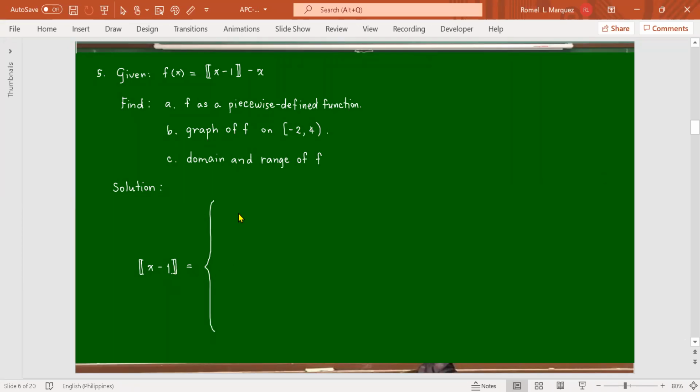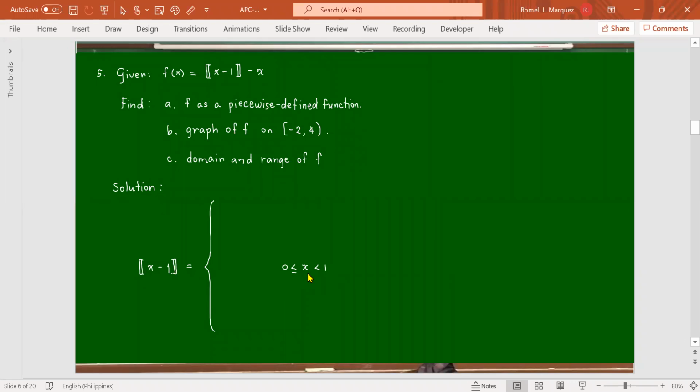Okay, guys. Let's start with the middle. When x is between 0 and 1, including 0, what's the value of this greatest integer, guys?